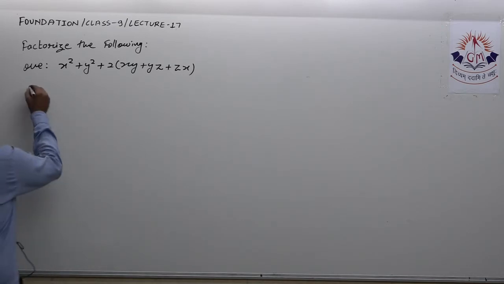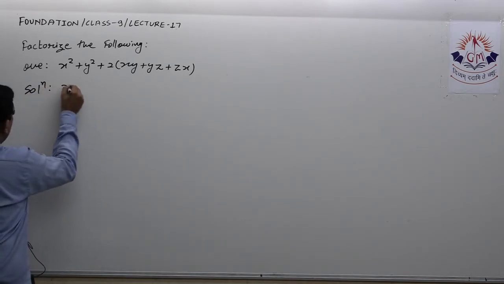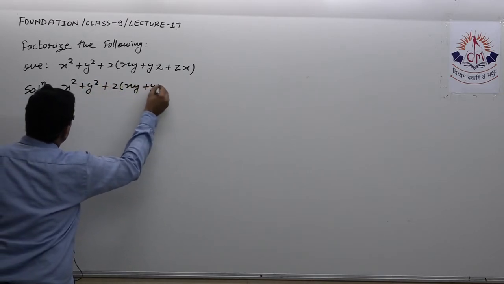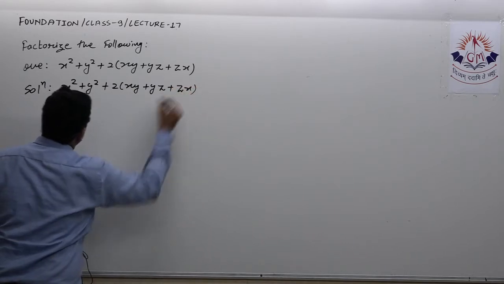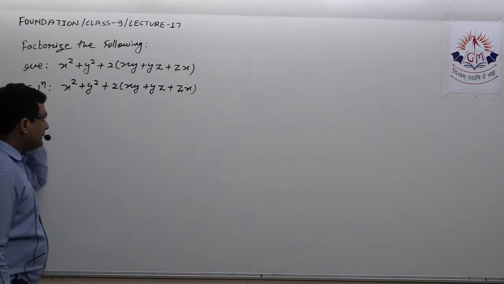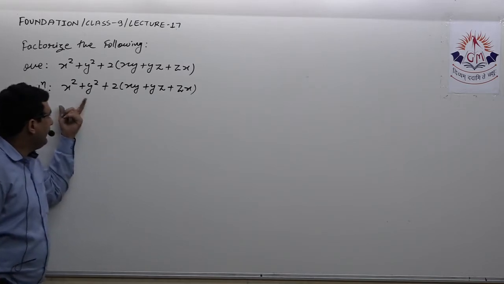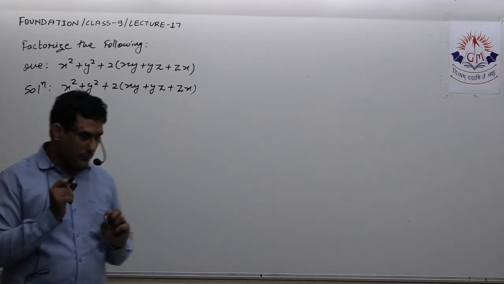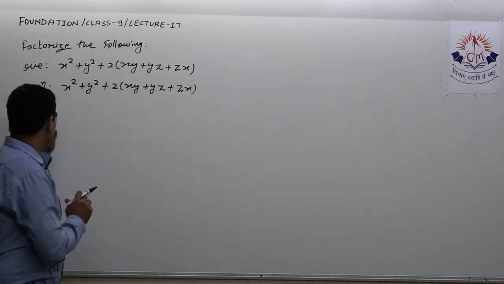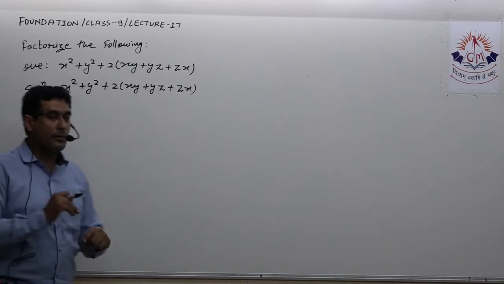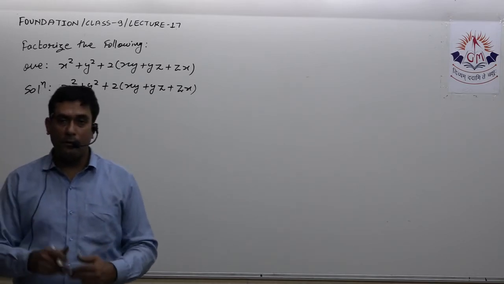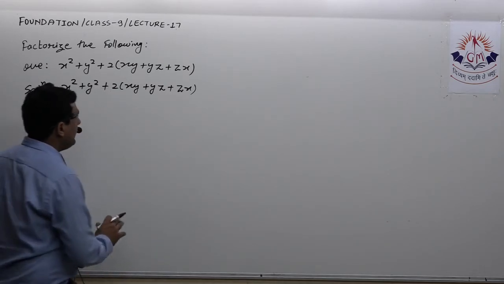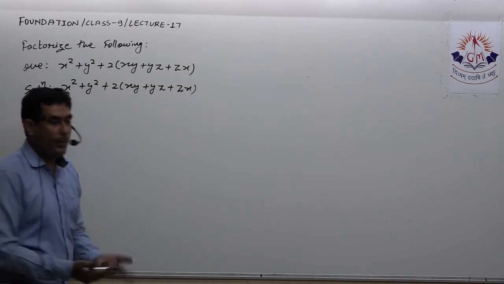Okay, so let us see its solution. x square plus y square plus 2xy plus yz plus zx. Now, the very first thing that should come to your mind: we have x square plus y square. Whenever you see x square plus y square, there is an identity that should come to your mind, that it might be x square plus y square plus 2xy or minus 2xy, that means a plus b whole square or a minus b whole square.